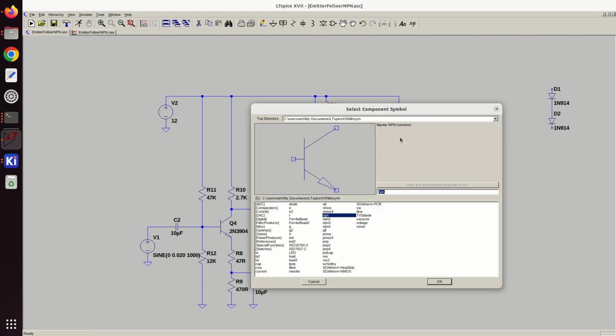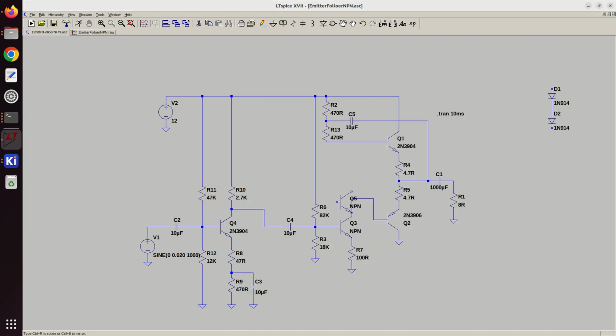We'll add in an NPN, and we want it around there, give or take. And then we want a resistor, another resistor.